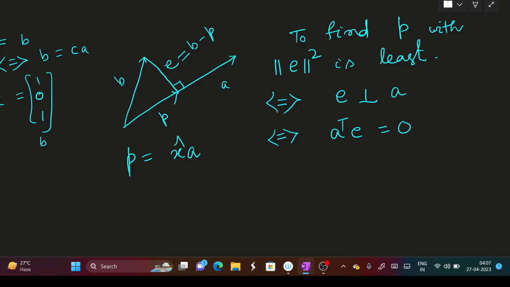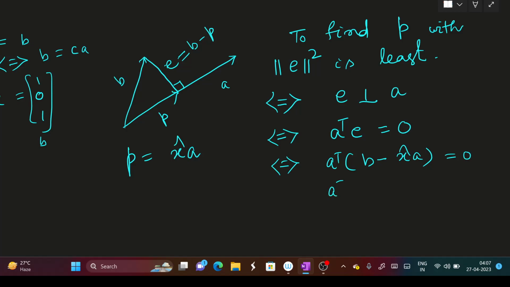So let us substitute. Here a transpose e means a transpose (b minus p), and p is x cap a. That implies this is equal to 0.